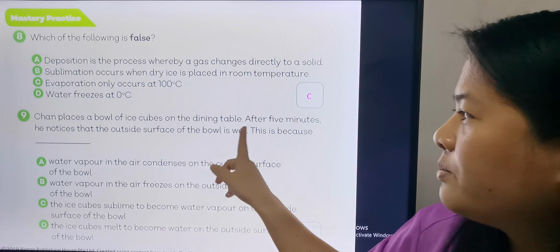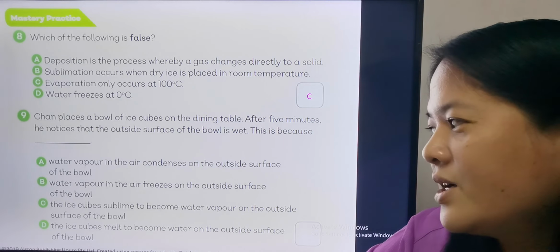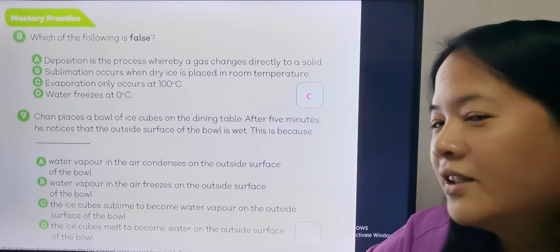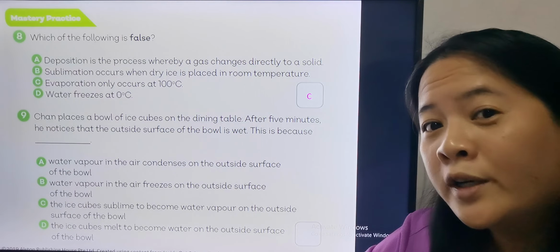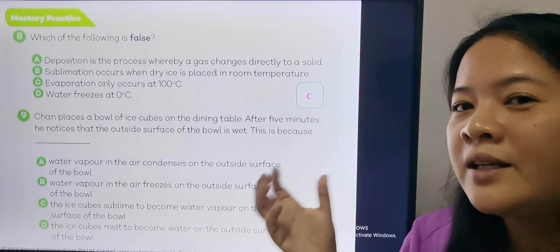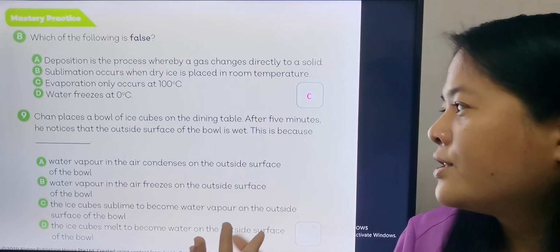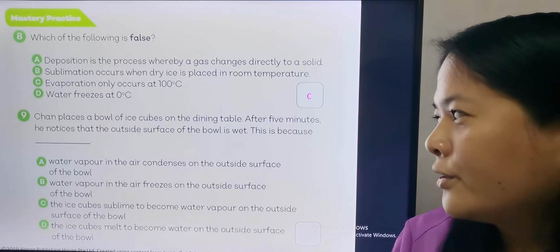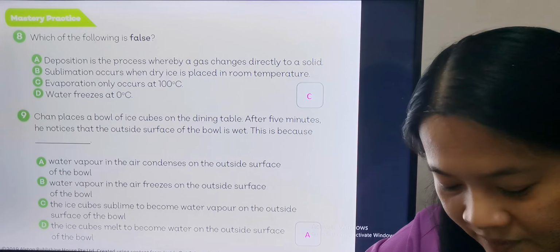So this is because of condensation. Remember, the water vapor outside, when it touches cold objects, it turns into water. So the answer for number 9 is A.